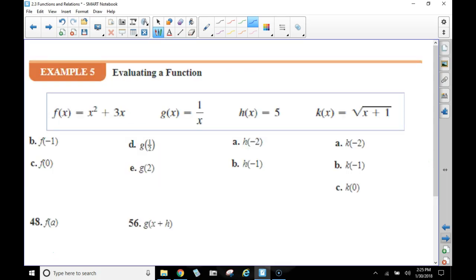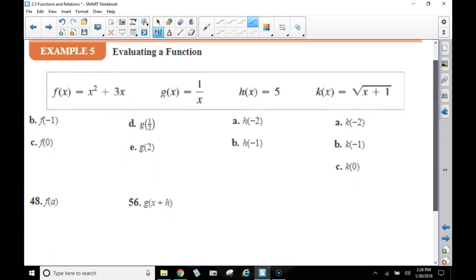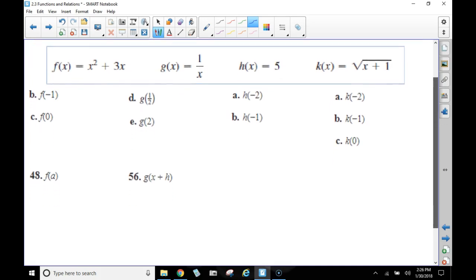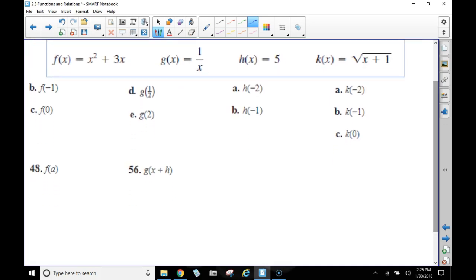With that idea, we can then evaluate several different functions. On example 5, we're given 3 different functions, and let me color code these. F of x is equal to x squared plus 3x. A totally different function is g of x.